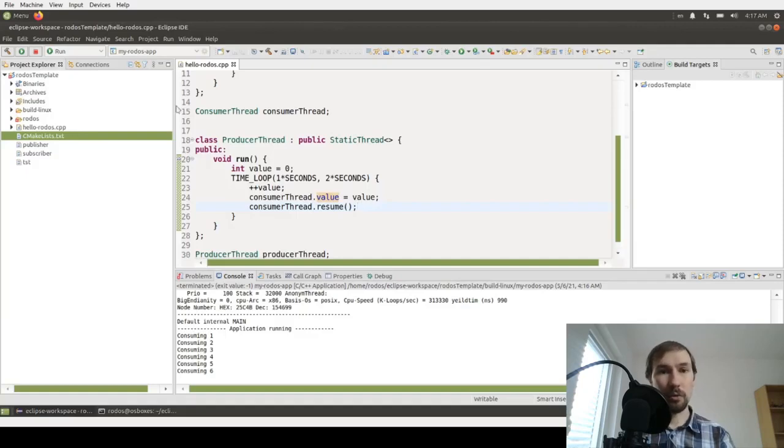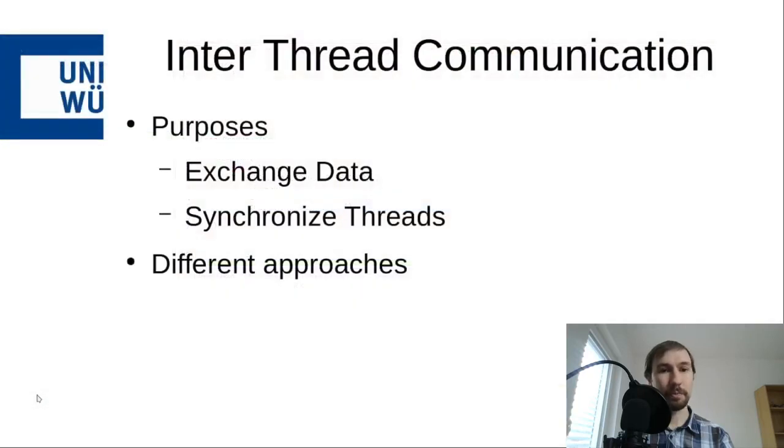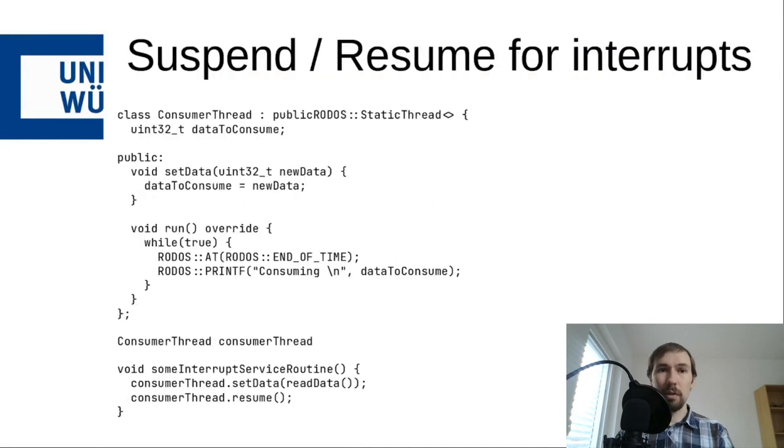So this was the first approach that I wanted to present to you. Let's go back to the slides. There's one use case which is very suitable for this approach: for example, if you want to handle interrupts that provide some data.